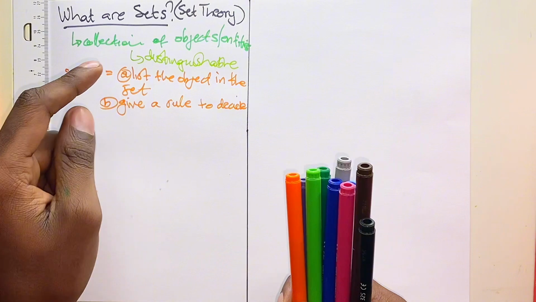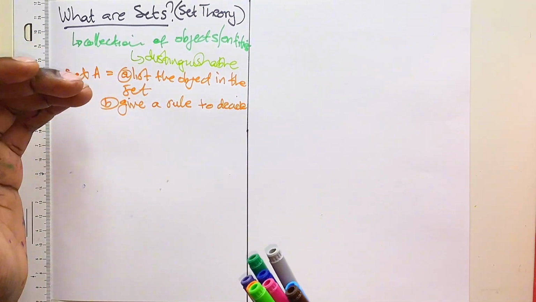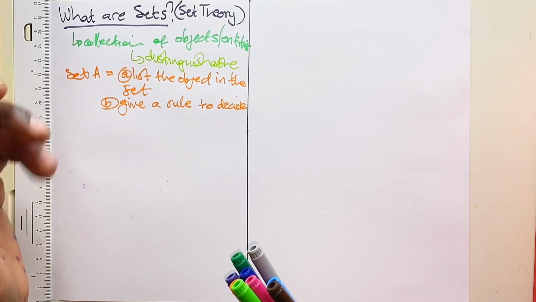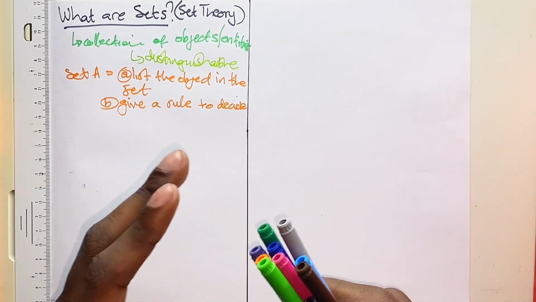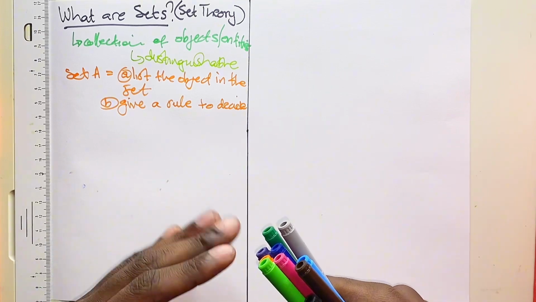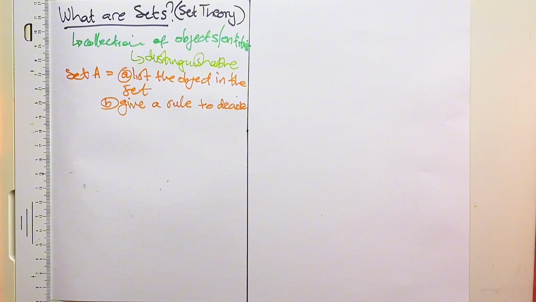So even in statistics, when we say a set, you can either list the objects that belong to the set, or you must be able to give a rule by which you can decide whether a certain entity belongs to your set. Now, let's write that in a mathematical sense.